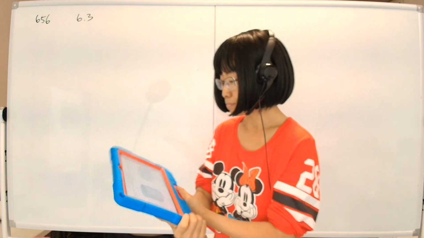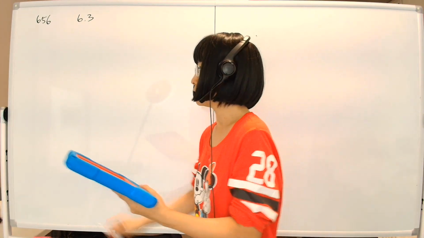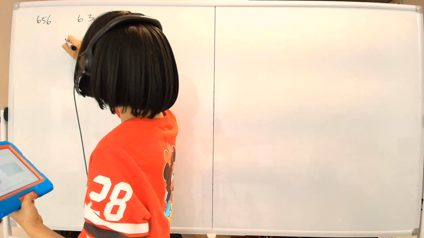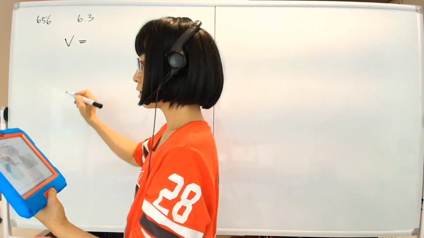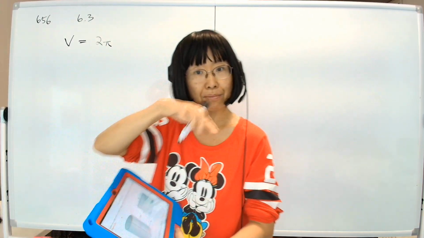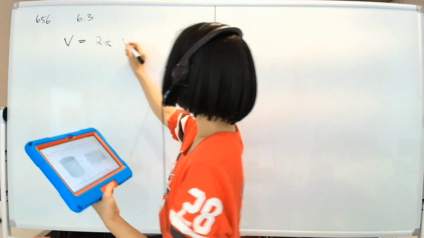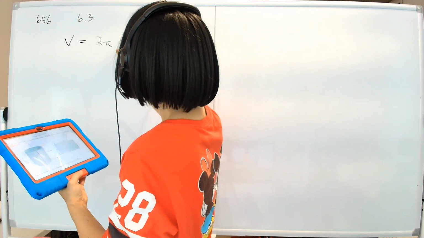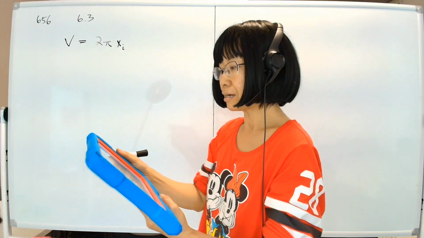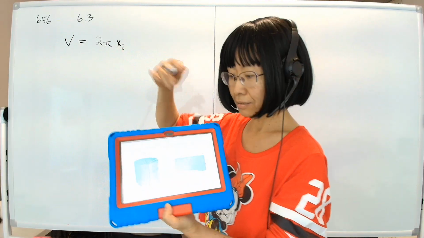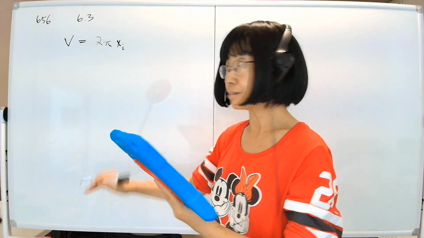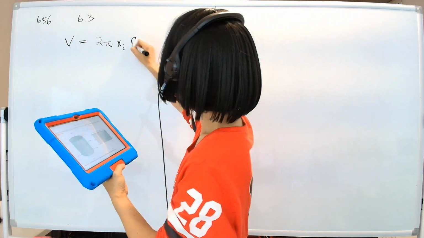So when you think about all that, the volume of one shell is equal to 2 pi r, that is the circumference, where r is xi, and that's the entire width of the thing, times the length of it, and the length is f of xi.